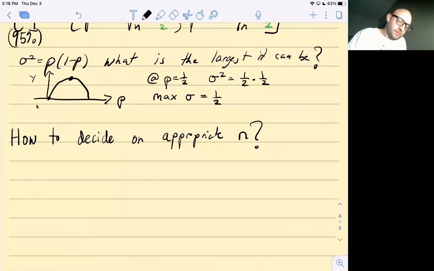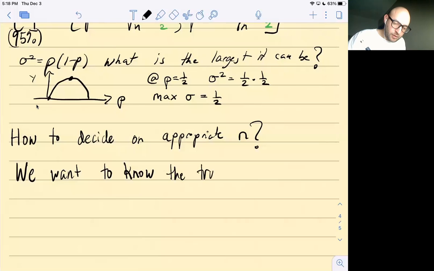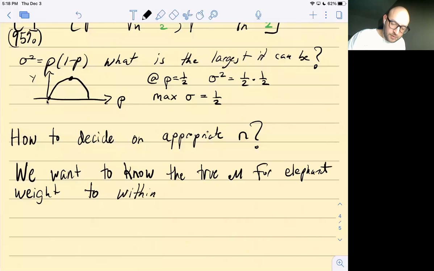So let's say we want to know the true mu for elephant weights, to within 10 pounds.